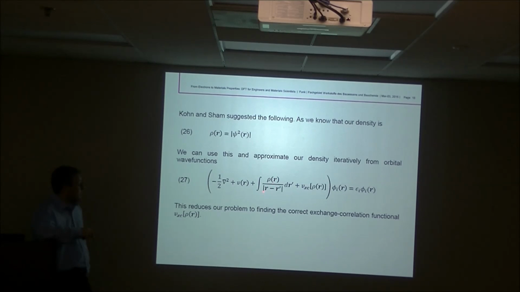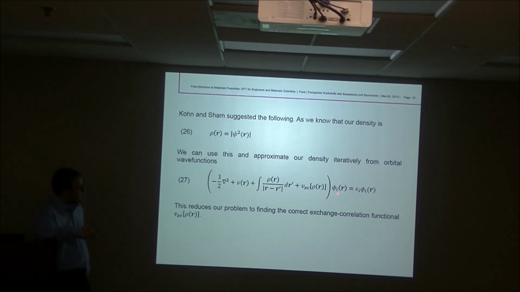And as we can't all be at the same coordinates, we need to vary our coordinates, of course, a little bit over space. So we integrate over full space. And then we have some exchange and correlation functional, which solely depends on the density. And we still have our basis functions. So it looks like a Schrödinger equation. Right.